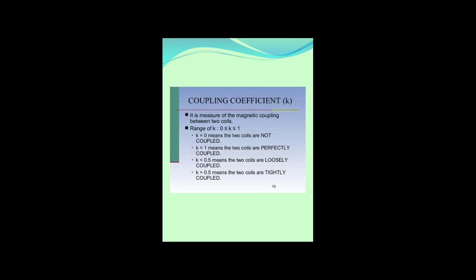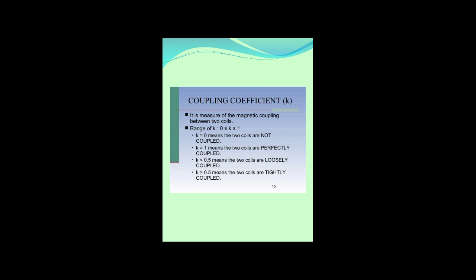So for the two circuits and two currents being the same, M12 is equal to M21 is equal to M. Mutual inductance is measured in Henry.